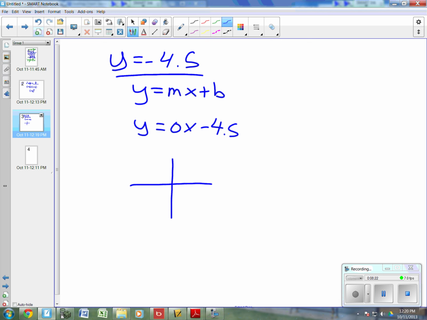The y-intercept is negative 4.5. If you graph this, you'd go down 1, 2, 3, 4.5 is right there, and this is where the graph would be, right there. That's your graph. Negative 4.5. And the y-intercept is negative 4.5. Do we understand that? Yeah. Number 26, x equals 9.5.